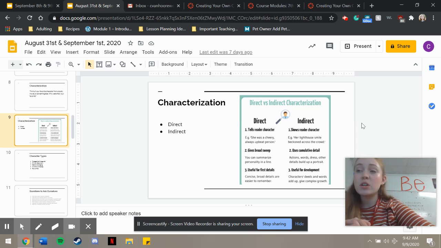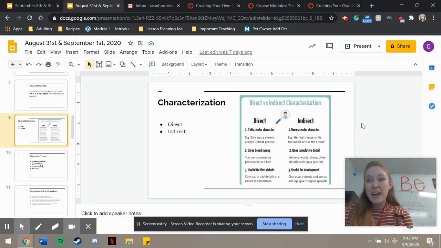Indirect characterization is a little more subtle. Instead of telling us specifically what the character is like, it shows us what the character is like by describing how they act or describing their thoughts. So in this case here, here's an example. It says, her lighthouse smile beckoned across the crowd. So what that means is that this author here is describing the way that this character smiles as being very bright, like a lighthouse, saying that it's very big and noticeable.